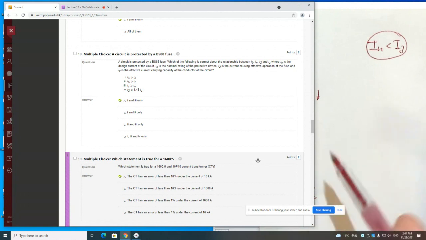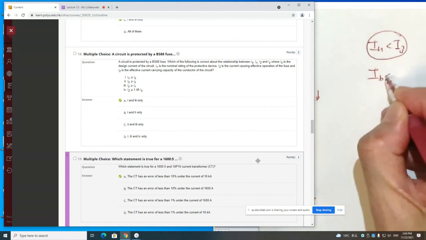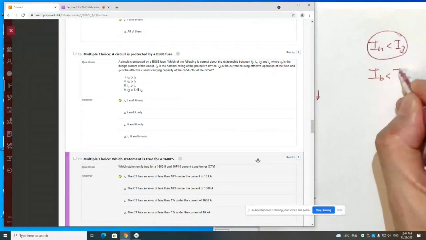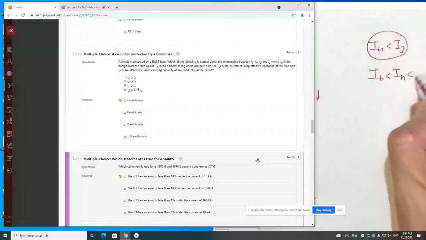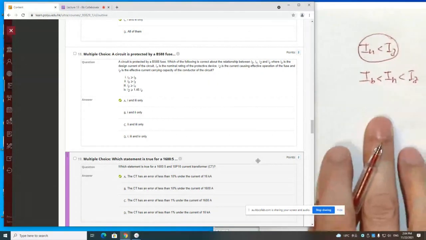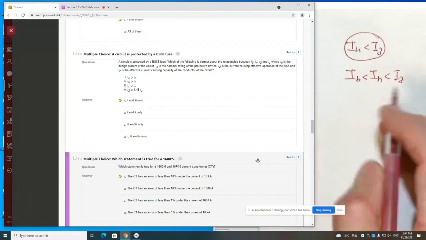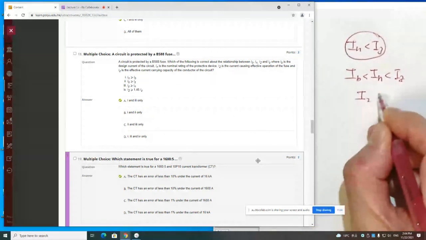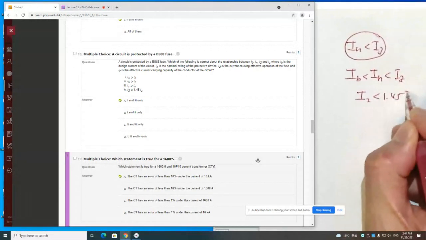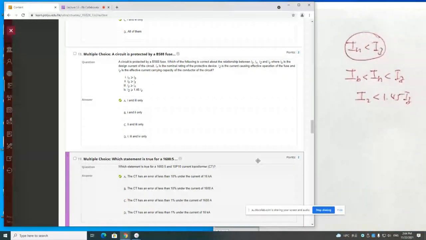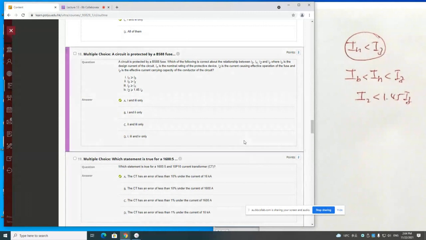Well, basically you just consider the requirement IB, IN, IZ, see which one can be obtained from this requirement, and then I2 is less than 1.45 IZ. If you make a comparison, you can see this one is right, and this one, 3, is right. So the answer is A.